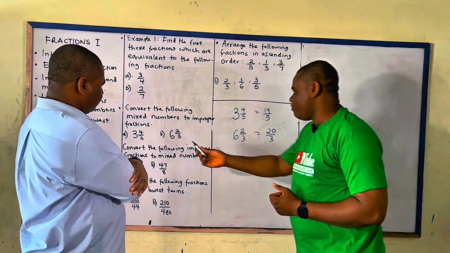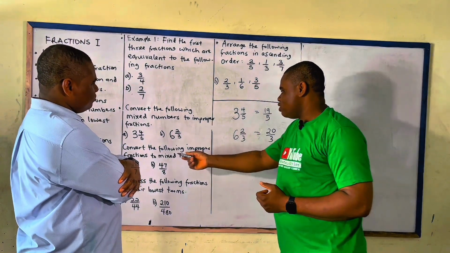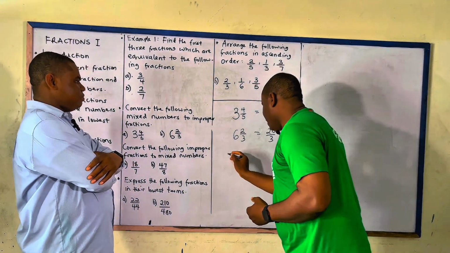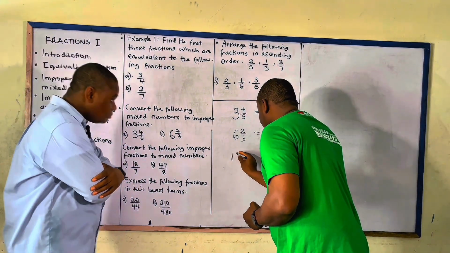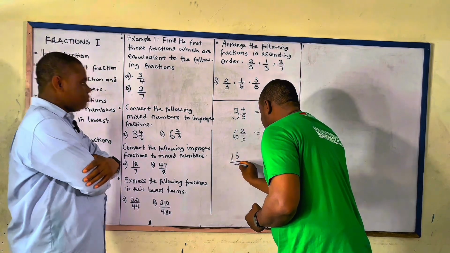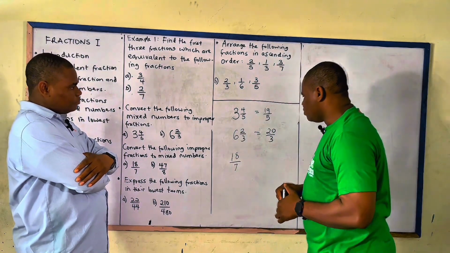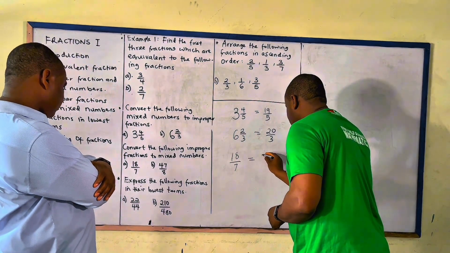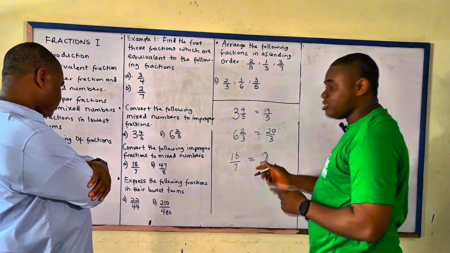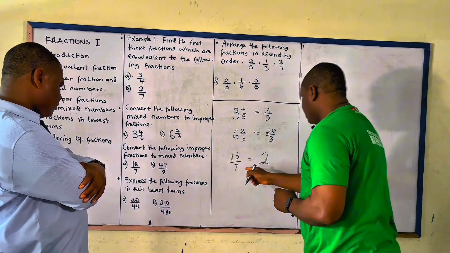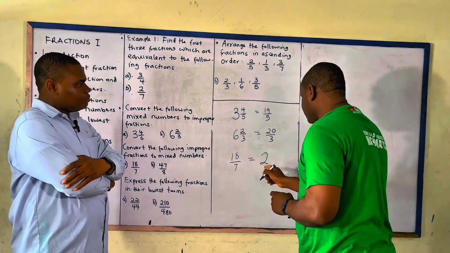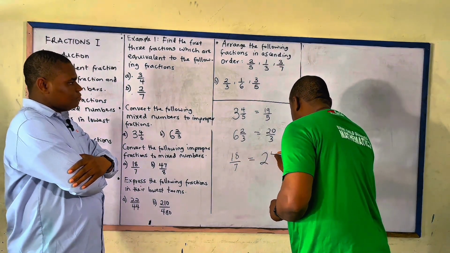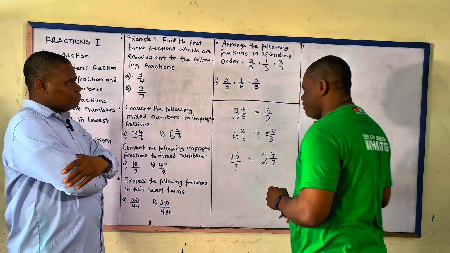The next one says convert the following improper fractions to mixed numbers. The first one I have is 18/7. So 7 goes into 18 two times, and 7 times 2 gives me 14. 18 minus 14 gives me 4, so 2 whole number 4/7.